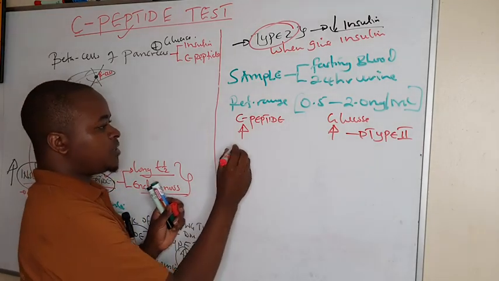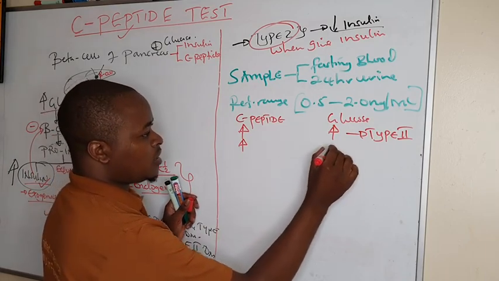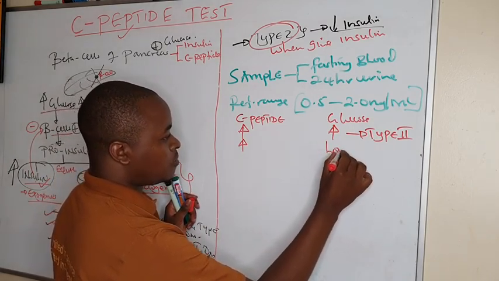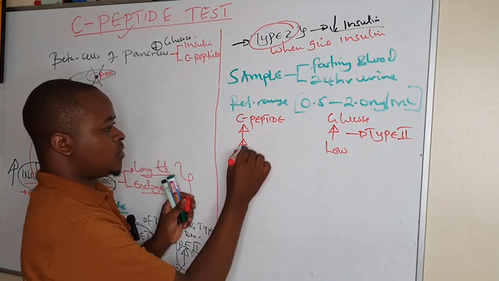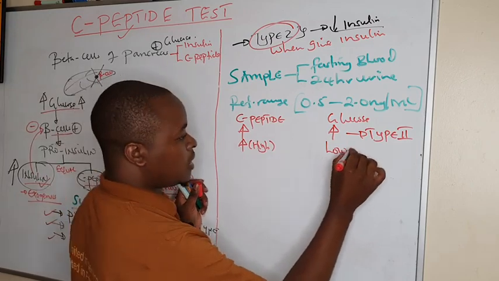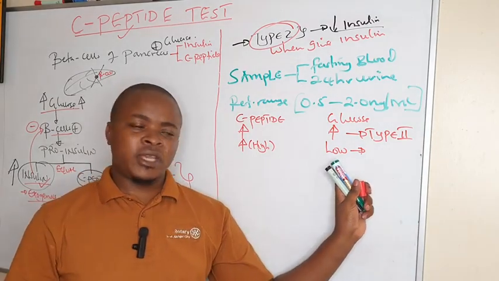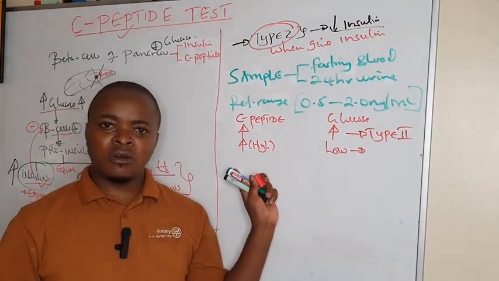And what if we do a C-peptide assay, we find it is high, and here glucose levels are low. This one is high, and this one is low. If glucose levels are low, we expect also C-peptide to be low.